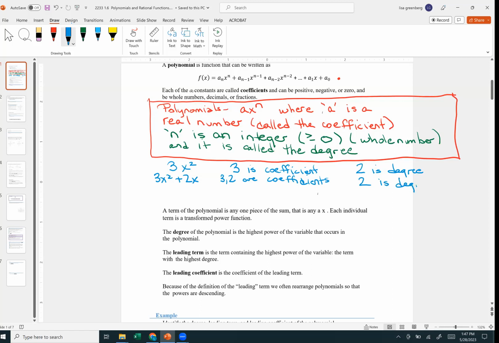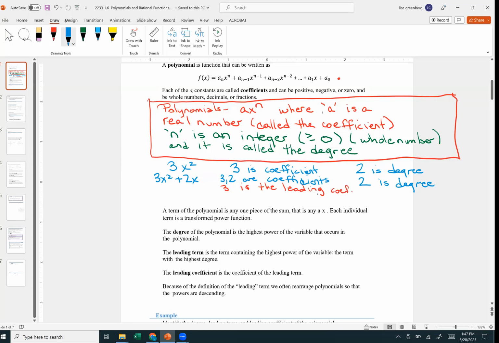The degree is always the largest exponent. And we can also say here that 3 is the leading coefficient. Okay?